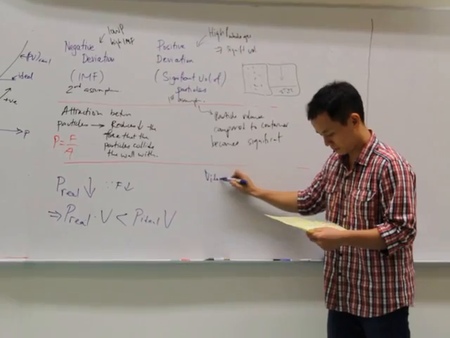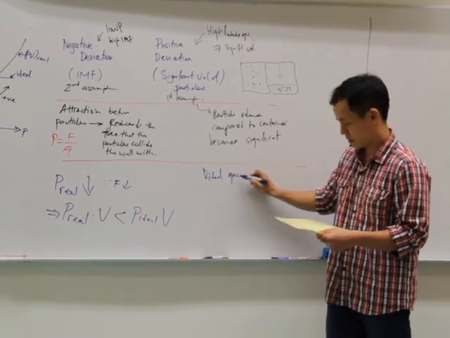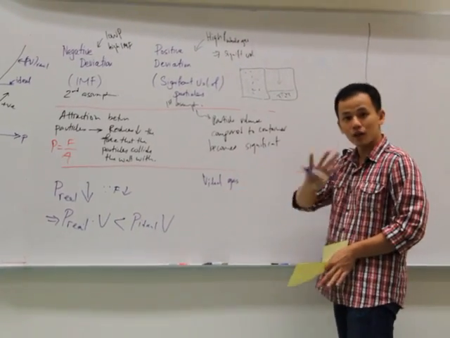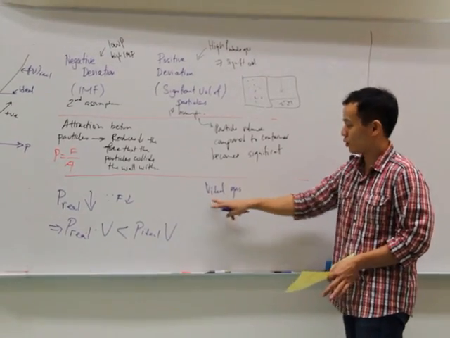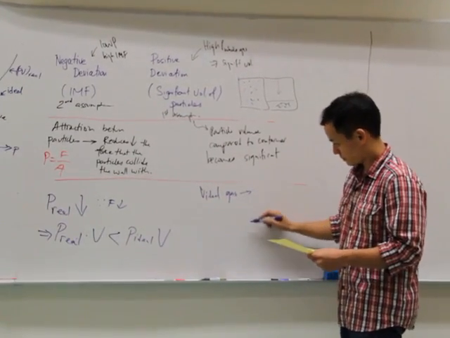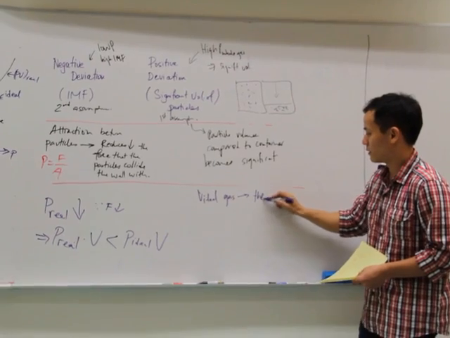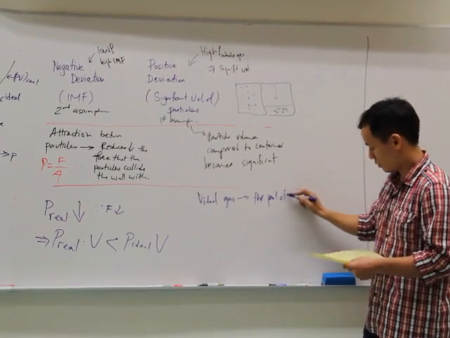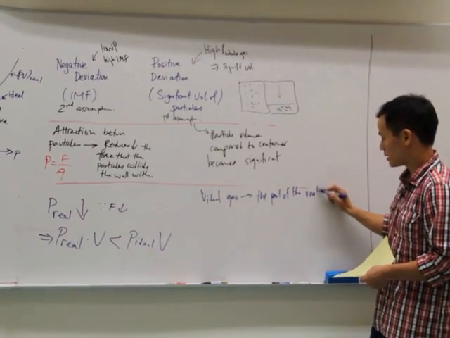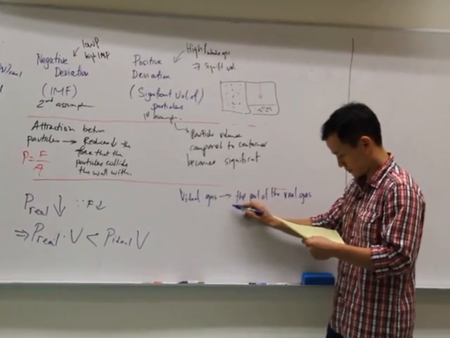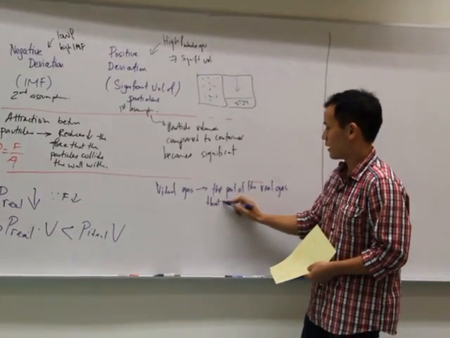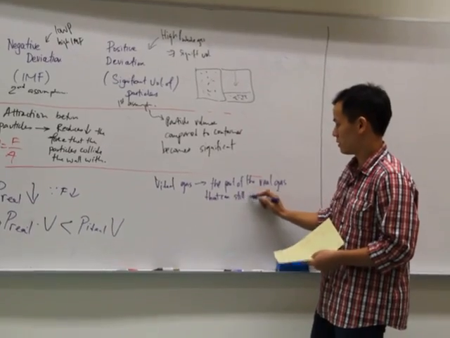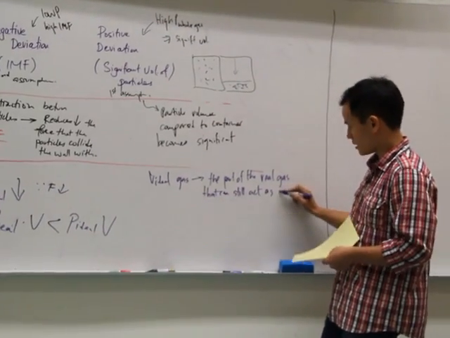V ideal gas, like I mentioned, I already explained it, let me explain one more time now. The volume of the ideal gas is the part of the real gas that can still act as ideal.